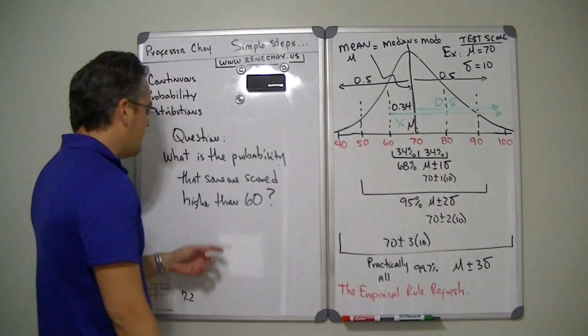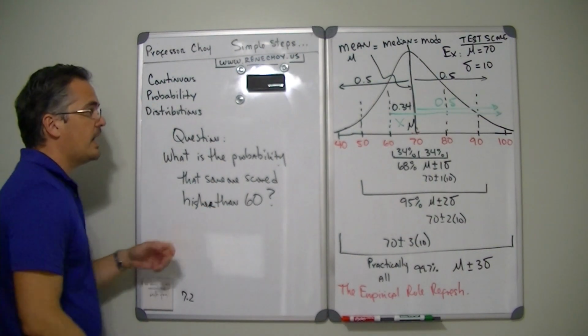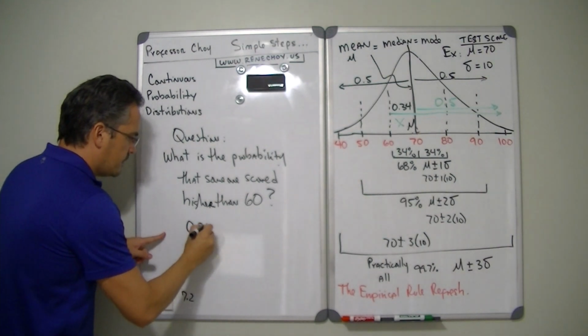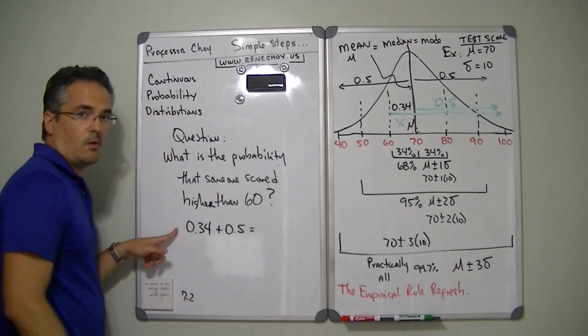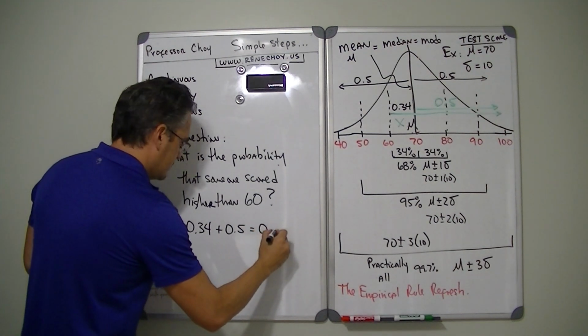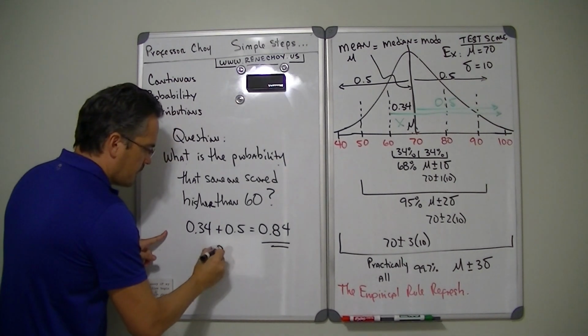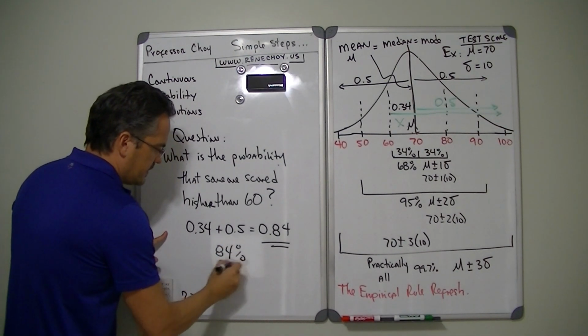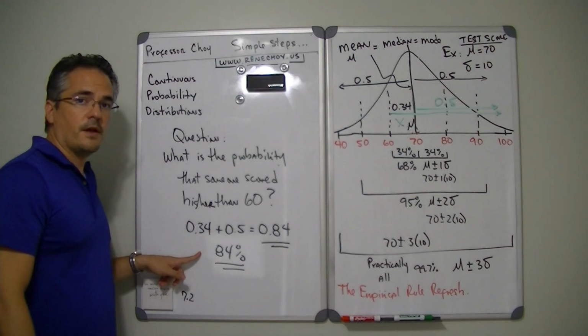Therefore, the probability that somebody scored higher than 60 is 0.34 plus 0.5, or 0.84 or 84% in this particular case.